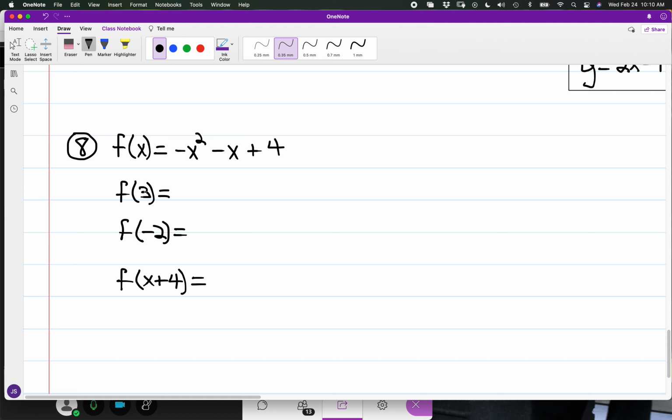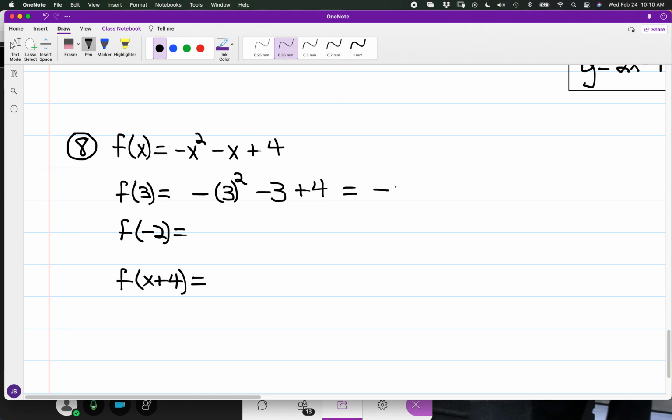Okay, so for f of 3, you'll be looking at the negative of the square of 3. And we have minus x, so this will become minus 3. We have followed by the addition of 4. Now 3 squared is 9, but I'm still going to be taking the opposite sign of this. So 3 squared is 9.